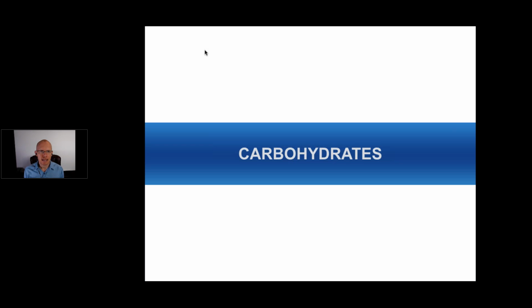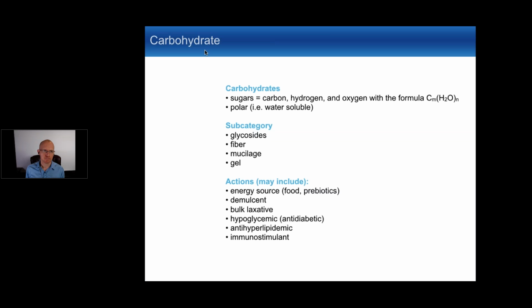Now, in addition to providing an energy source, carbohydrates can have other functions in our body, and we'll go through and discuss this in a second. So sugars consist primarily of carbon molecules, hydrogens with high amounts of oxygens.